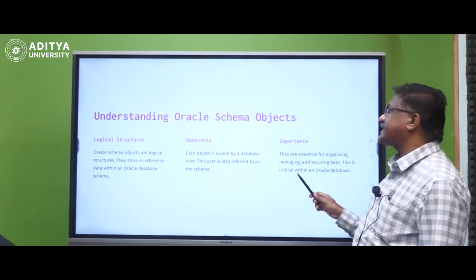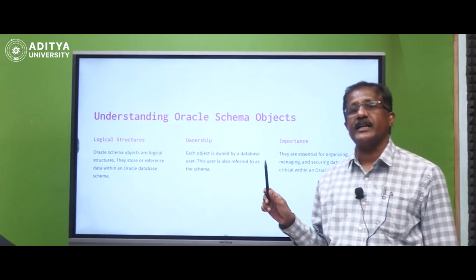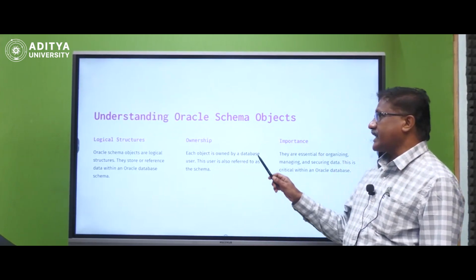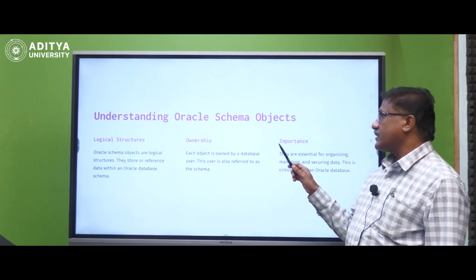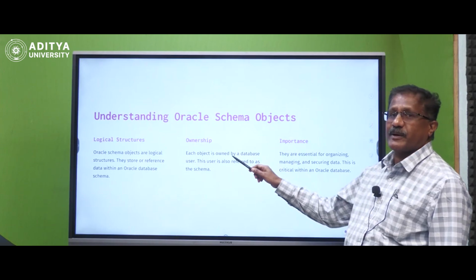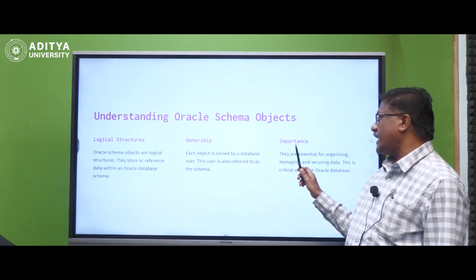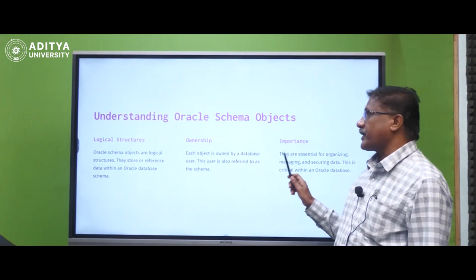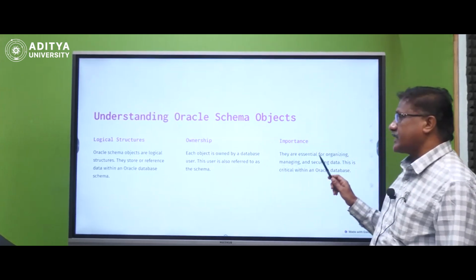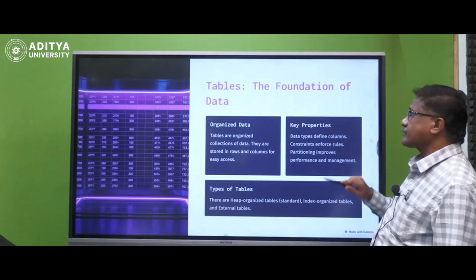Then only you can manage the database very comfortably in Oracle. You have to understand very clearly who is managing that particular architecture and the schema of the table, that is, the database.